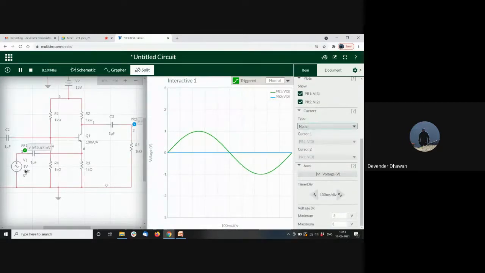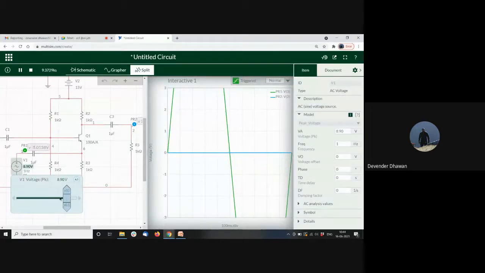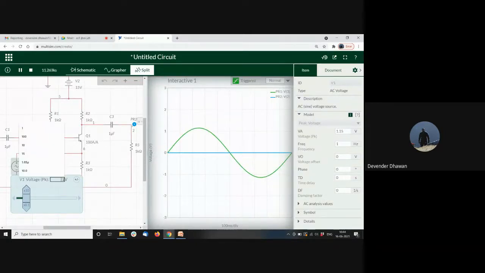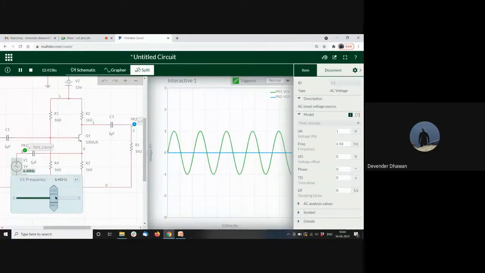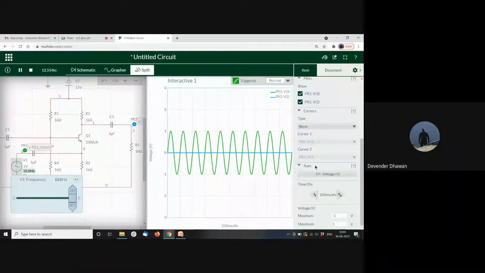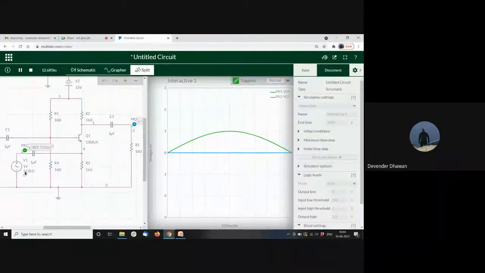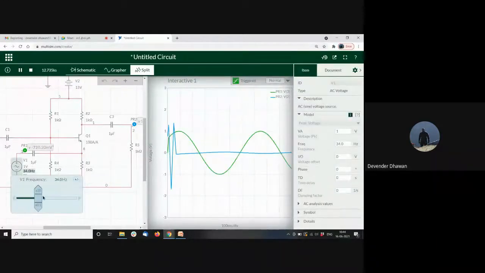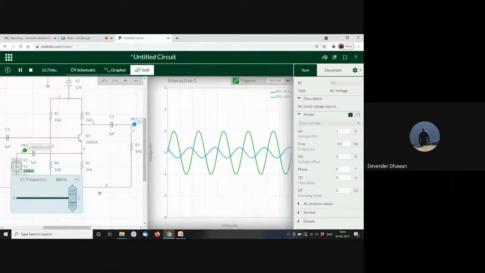Okay, so if I start increasing the input now, you see the signal has started increasing.